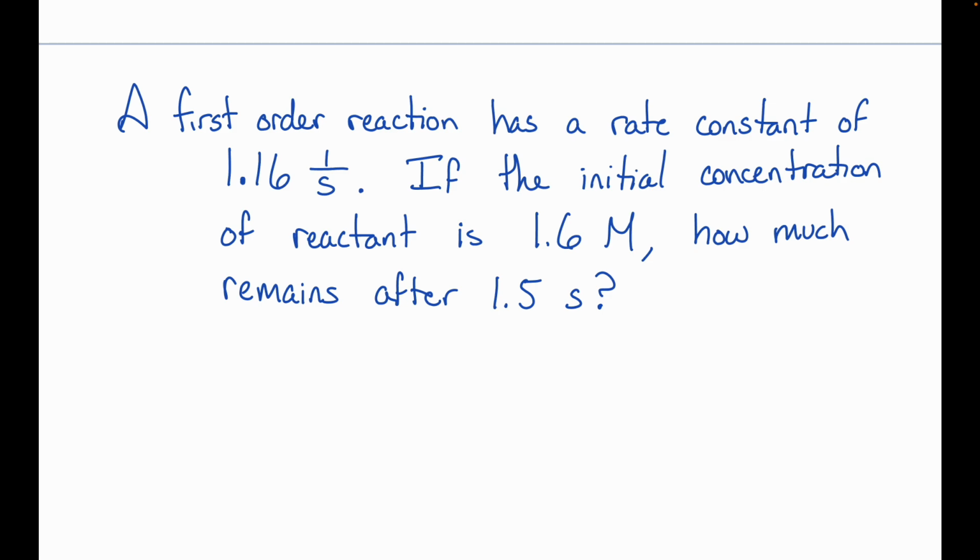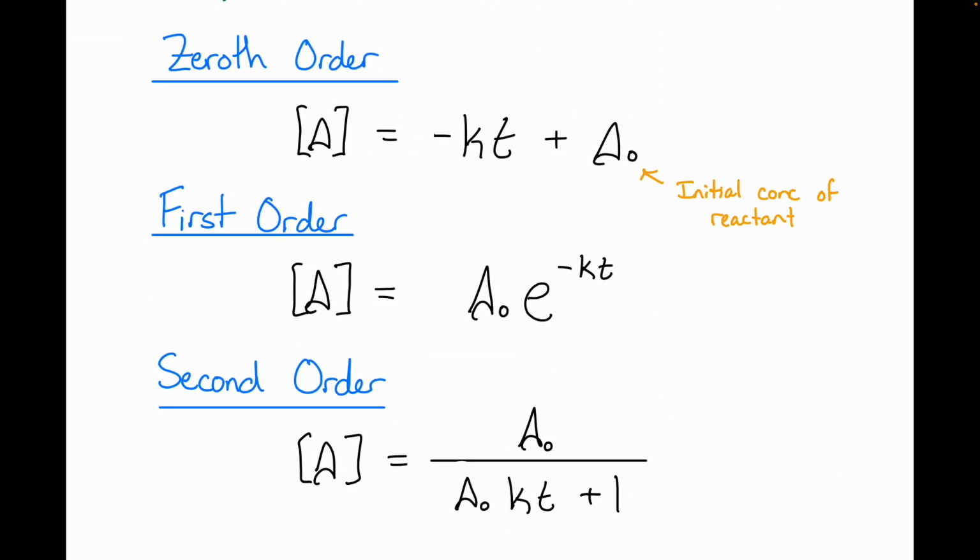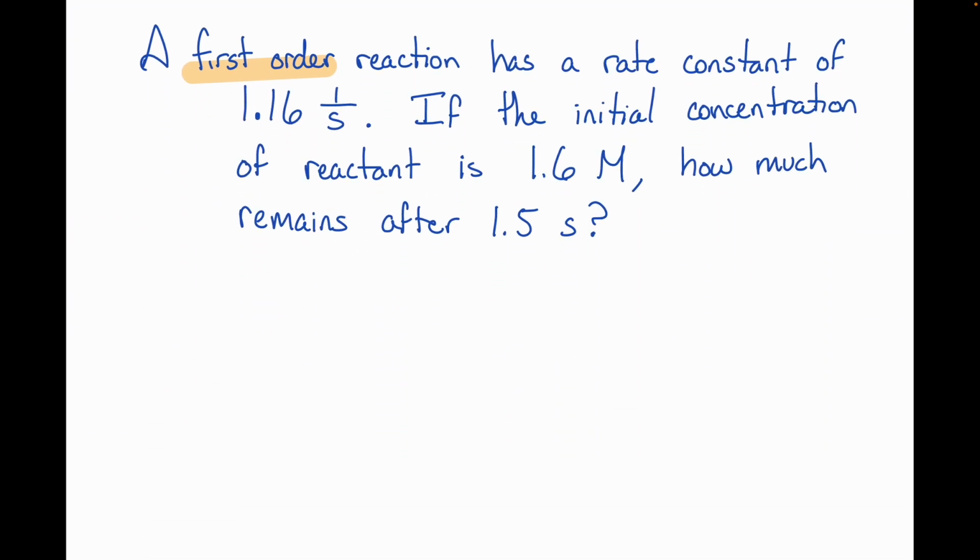All right, so step one, first key piece of information here is that this is a first order reaction. And that's important because it tells me which one of these formulas I'm going to grab, right? These are going to depend on the order of your reaction. So for a first order, I'm going to grab that A naught e to the negative kt business.